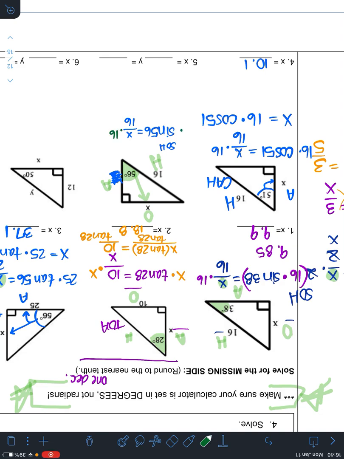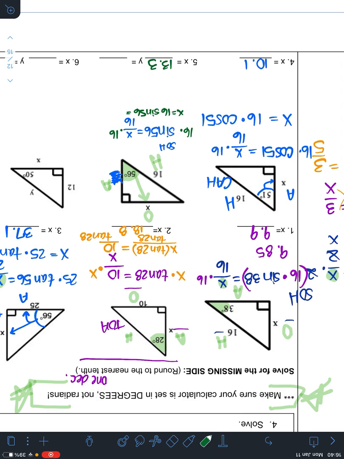It makes it work a little bit easier. So we can multiply both sides by 16. So I can type that in. X is equal to 16 times the sine of 56. So 16 sine 56, and I get 13.3.